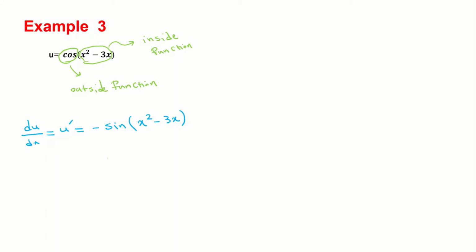Then for the inside term it's time to take the derivative based on the chain rule, so times 2x minus 3. So you see that easily we got the final answer: u prime equals minus (2x minus 3) sine of (x squared minus 3x).